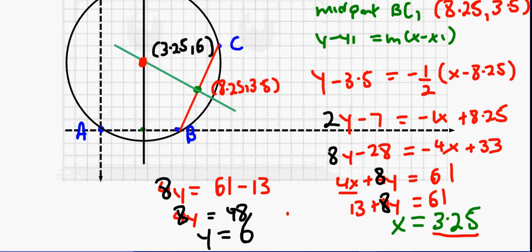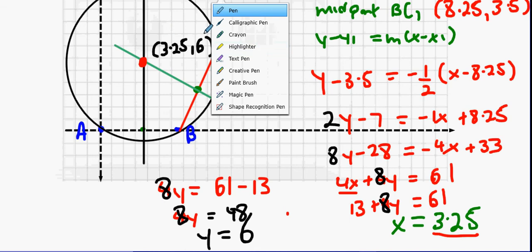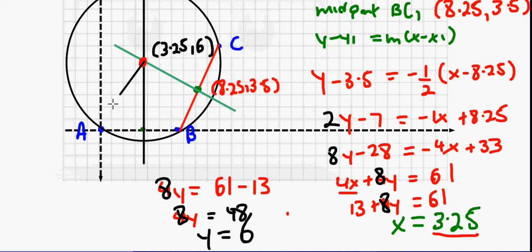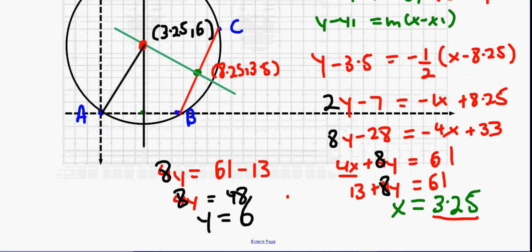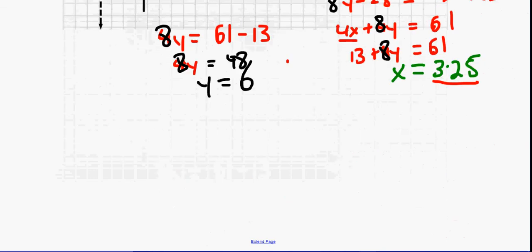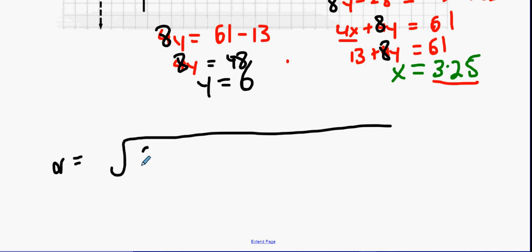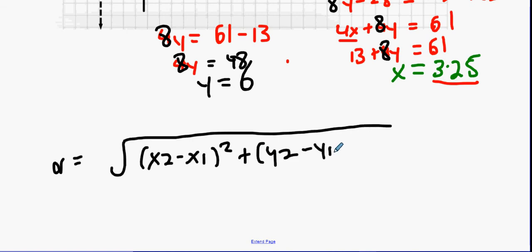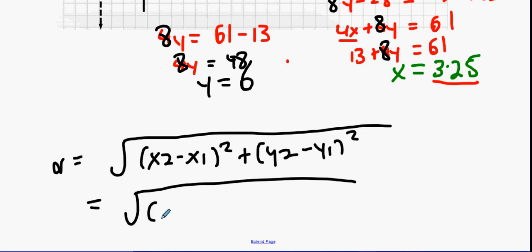Next thing I would have to do is find the radius of the circle. So I can do the radius back to 0, 0. So I'm going to do the distance of the line formula. So d equals the square root of x2 minus x1 squared plus y2 minus y1 squared, and the radius is going to be 3.25 take away 0 squared plus 6 minus 0 squared.